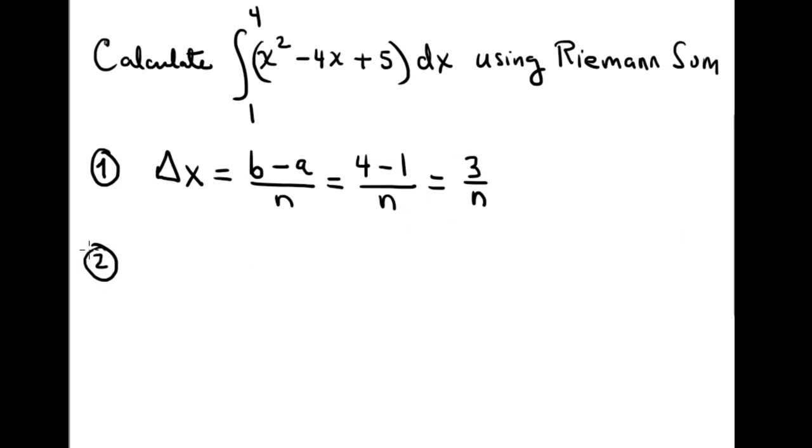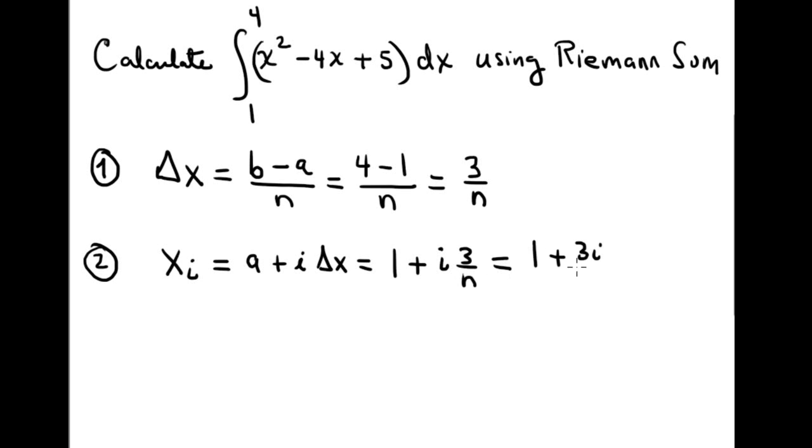The second is to compute the expression for x sub i. x sub i is a plus i multiplication delta x. A is 1, i is a variable, and delta x is 3 over n. It is much better to write 1 plus 3i divided by n.